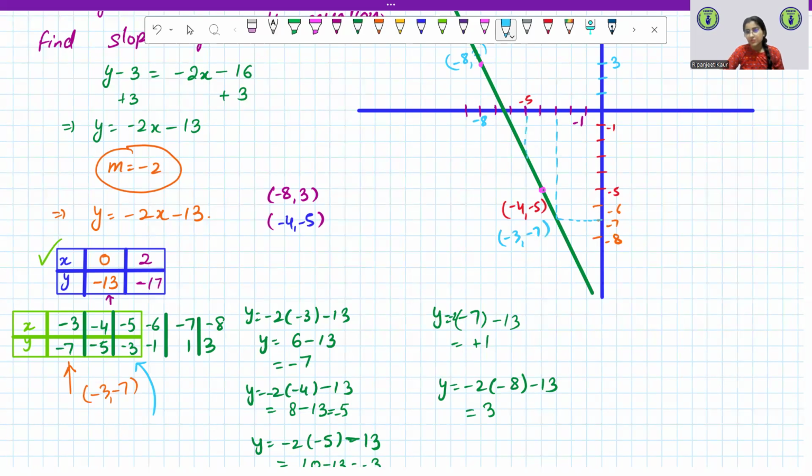See here, -3. So whichever point we have, it will always lie on this line if we have taken it from it. The only condition is our graphing will be easier if we know whether we should be plotting positive numbers, negative numbers, or 0. That's all.